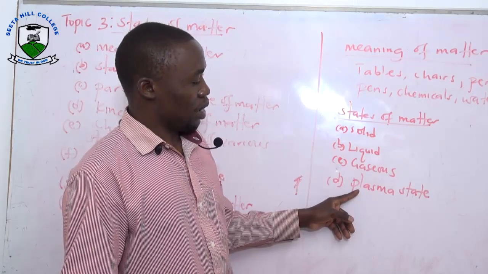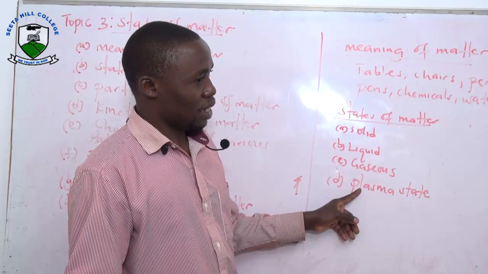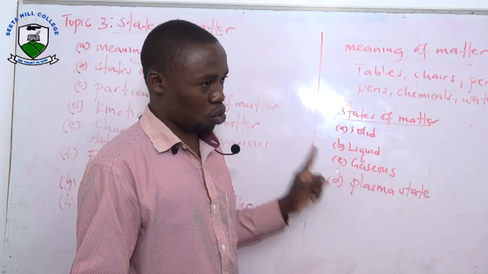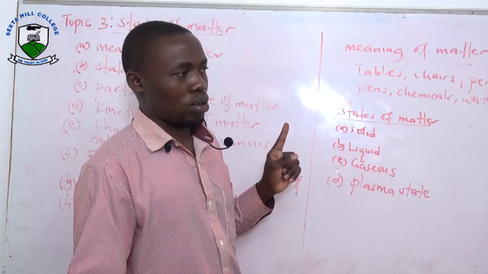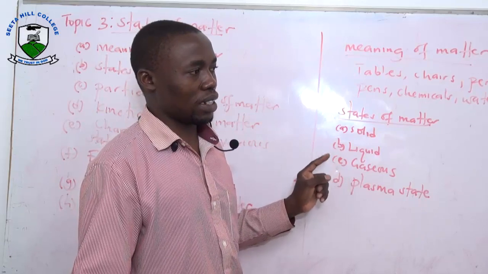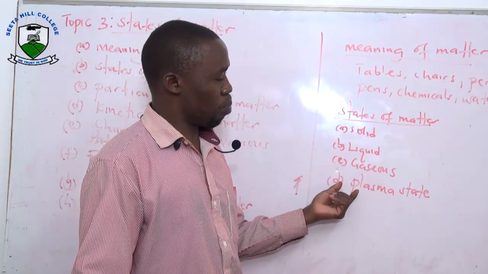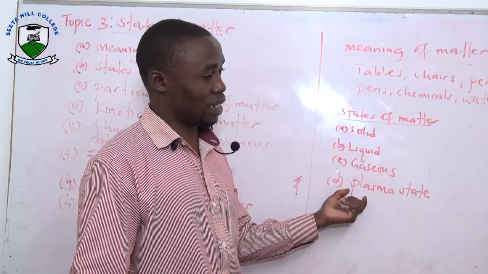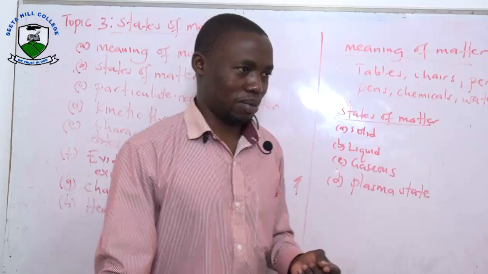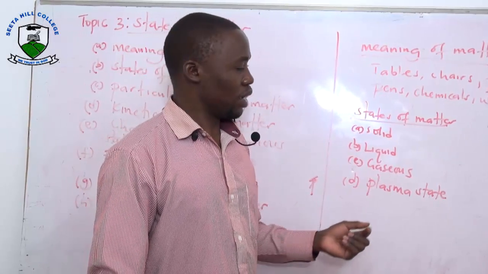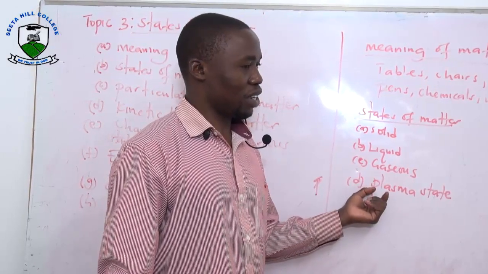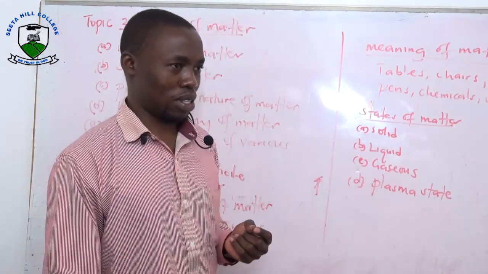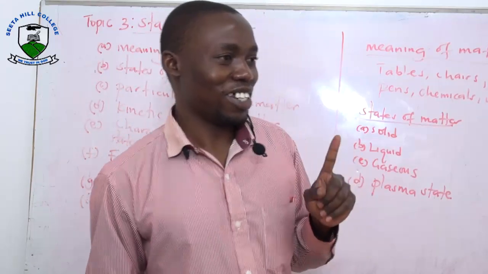Listen, the plasma state is the gaseous form of matter also. Plasma is a gas, but it has some small property different from a gas in that the particles that make up the plasma state are charged. That plasma state is kind of a gaseous form of matter with charged particles.